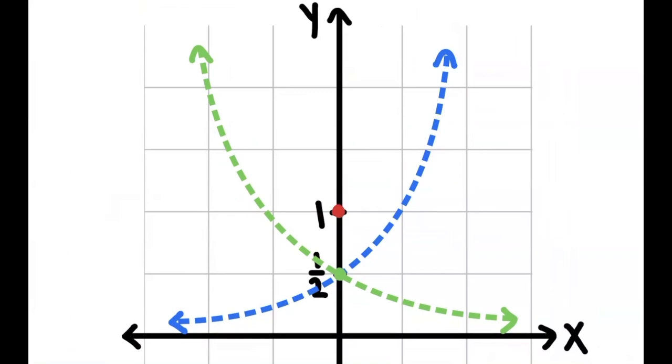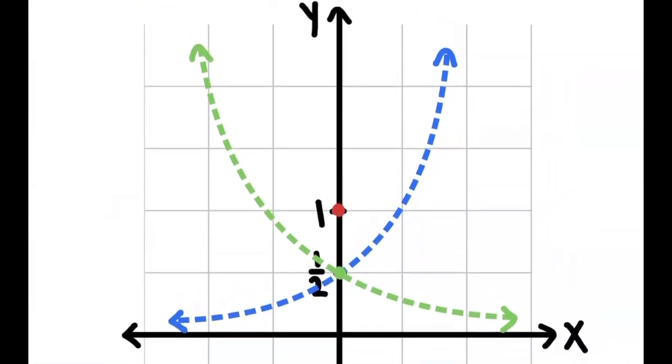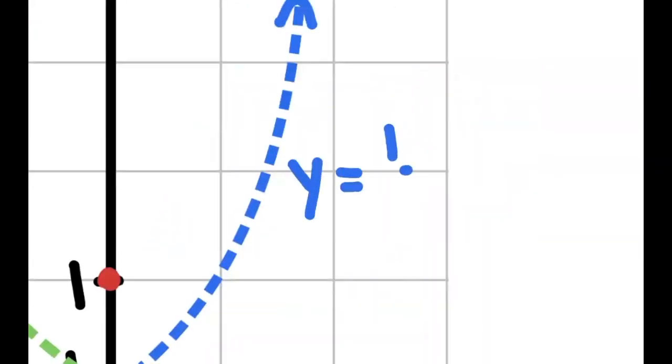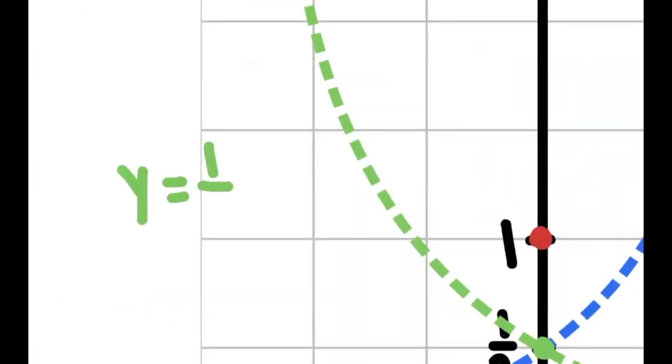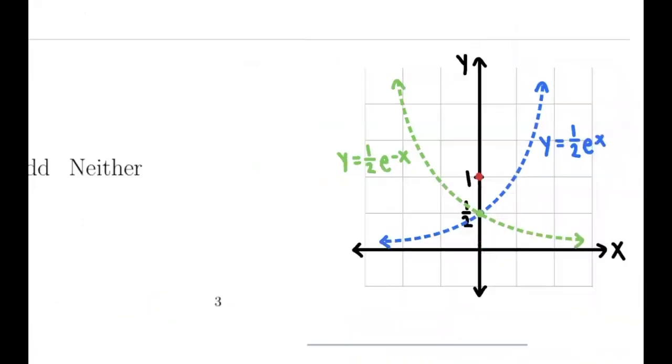Notice that the green graph is going to 0 very quickly, because it's an exponential function. As x goes towards infinity, we know that 1/2 e to the negative x goes to 0. If this goes to 0, then the blue graph is going to dominate. It's going to take over. Let me label these. This is 1/2 e to the x, and this is y equals 1/2 e to the negative x.